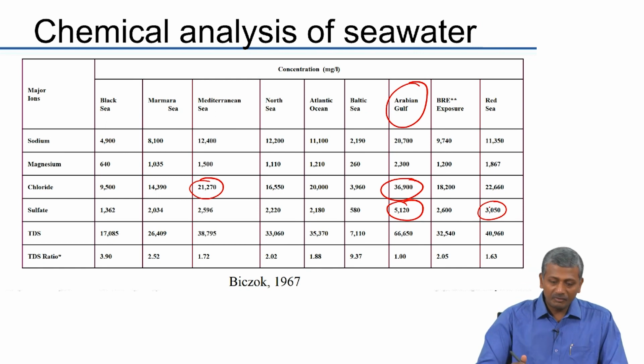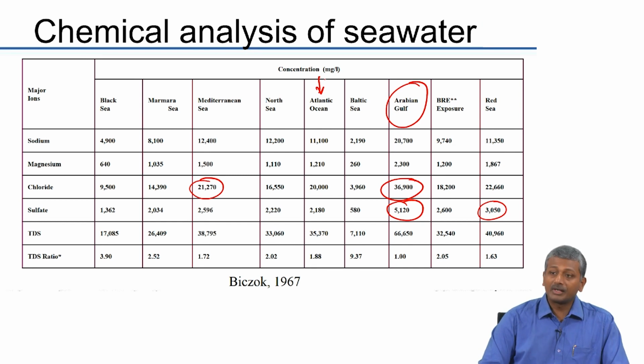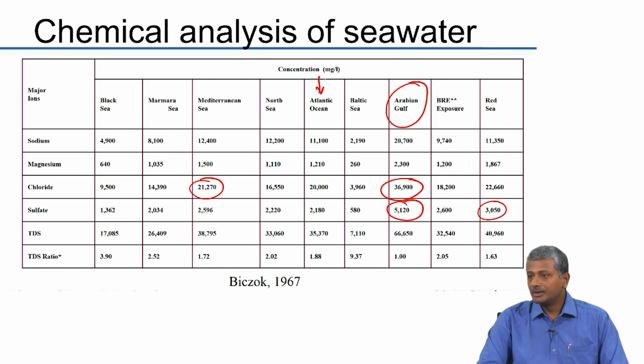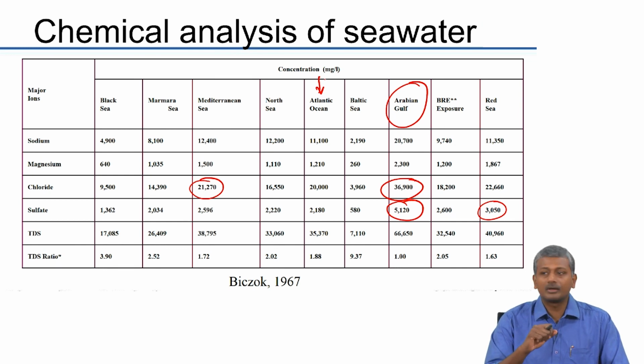Now, please remember, when we are looking at the Atlantic Ocean, or at least the northern Atlantic Ocean, which is present in the colder climates, there you need to consider seawater attack in combination with freezing and thawing. That again adds another layer of complexity to the durability problems that concrete is facing.